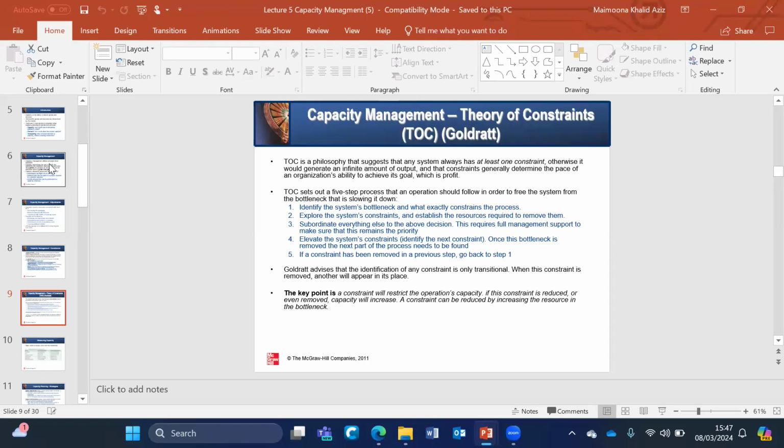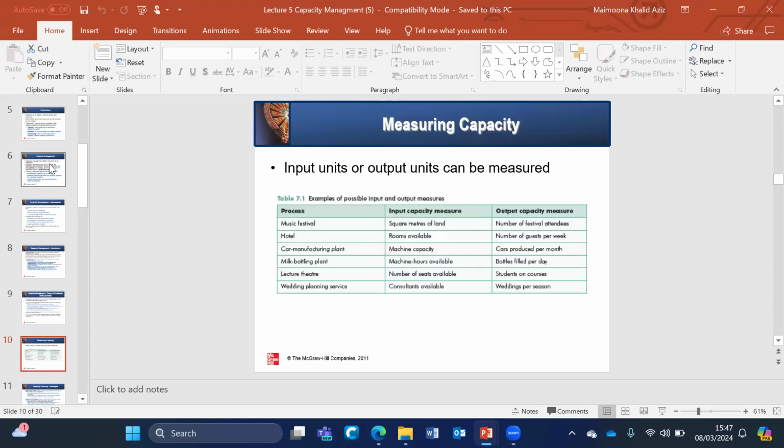You get a management system to support, and then you remove the constraint, and once that is done, you go look for the next bottleneck, because there's always going to be a bottleneck in your business.